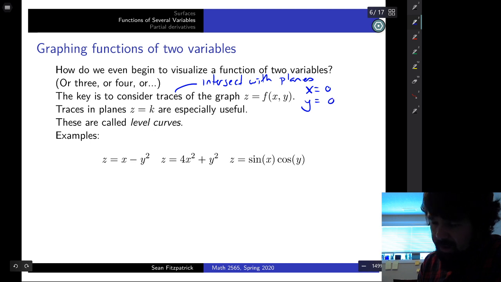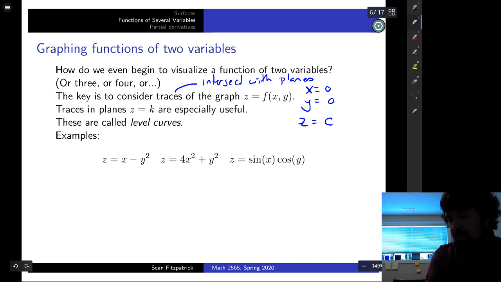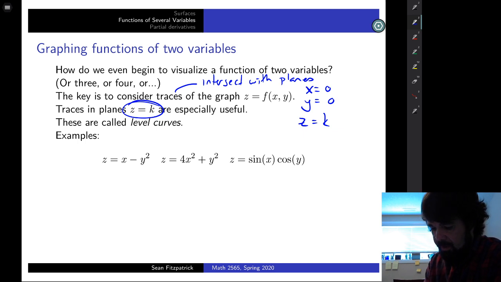Put y equal to 0, see what happens in the xz plane. Or you can look at the traces that you get when you set z equal to a constant. Okay, or I guess I called it k. I'll stick to k, right? So those traces that you get when z is a constant are called level curves, right?